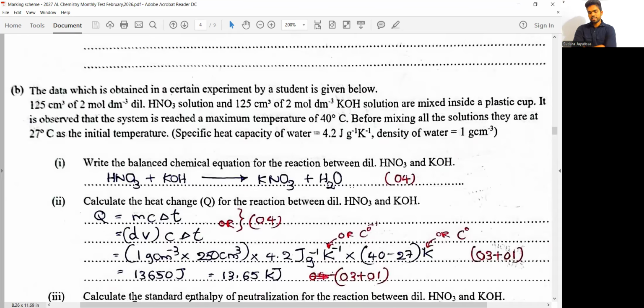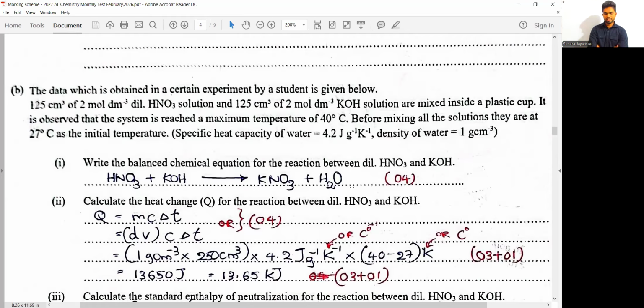Understood? Recently we did an MCQ in our class, remember? A 2025 A-level MCQ. Maybe in some classes I haven't done it yet; this week I'll do it. In that question, they gave the specific heat capacity of the solution. When they say specific heat capacity of the solution, without saying water, then you have to consider the mass of the solution.